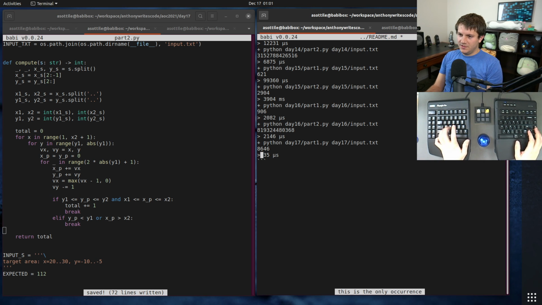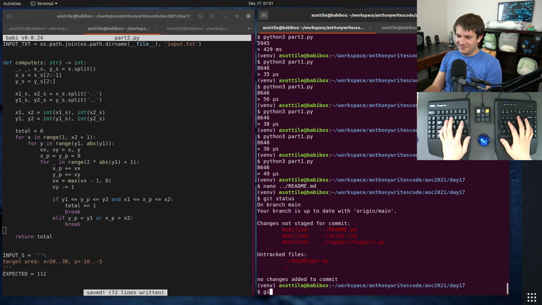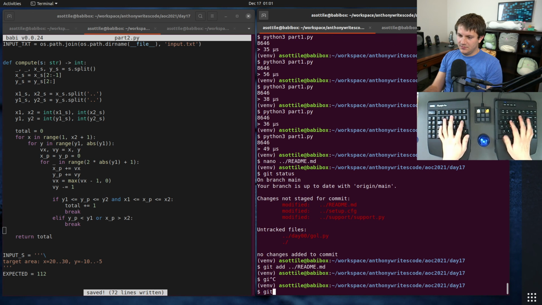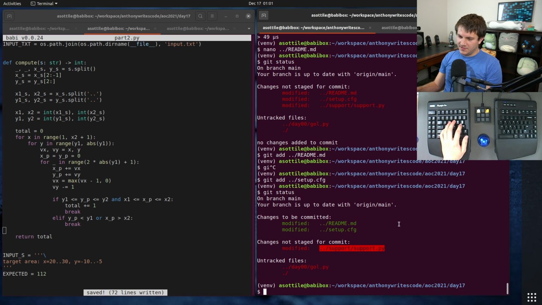Yep, that is the only 2-digit microseconds. We all helped a little bit. We are not going to commit my helper functions until I find them actually useful.